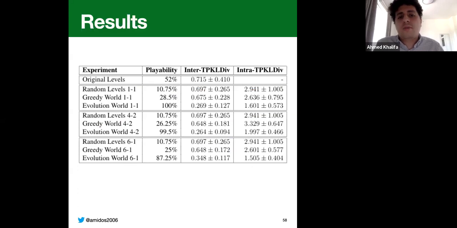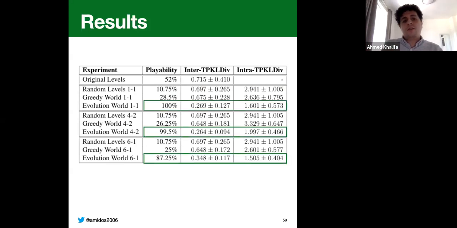Looking at the playability metrics, we also compared against 2 other algorithms. The first one is random, which just slaps random scenes after each other to get a level. The other one is a greedy algorithm, where it puts a scene and then picks the next scene, and the next, such that it increases the match percentage.